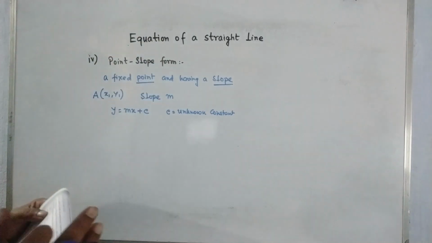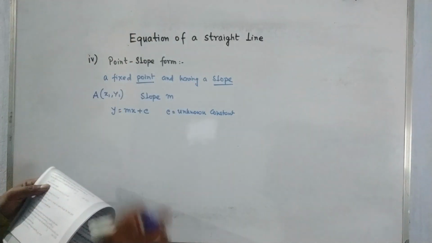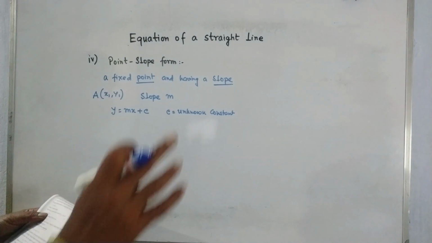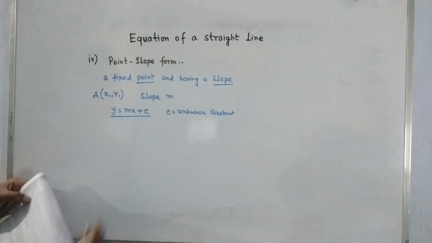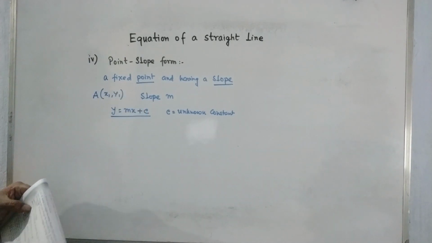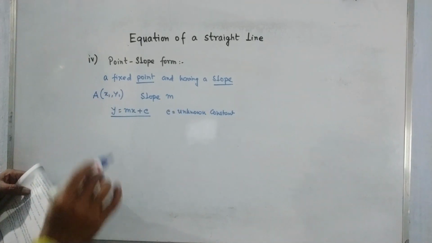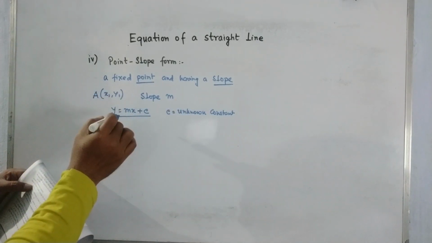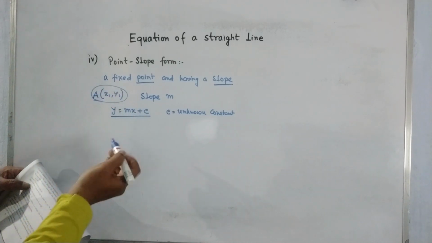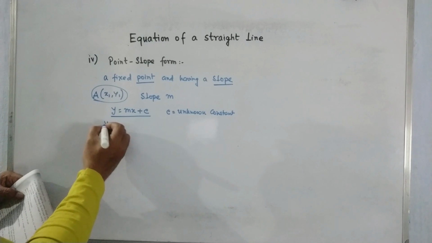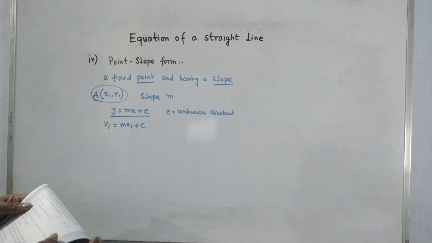That means the amount of intersection from the origin on the y-axis. We don't know about it. So this is the equation of the straight line having the slope m. Now that straight line is passing through the point x1, y1. So we can write y1 equals mx1 plus c.